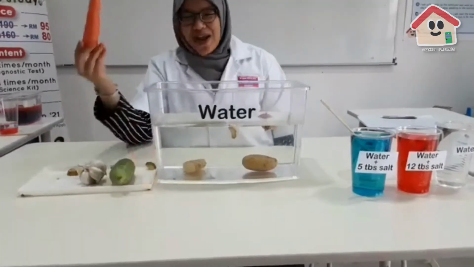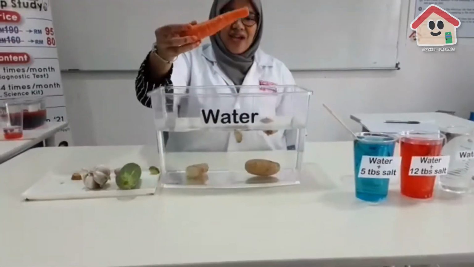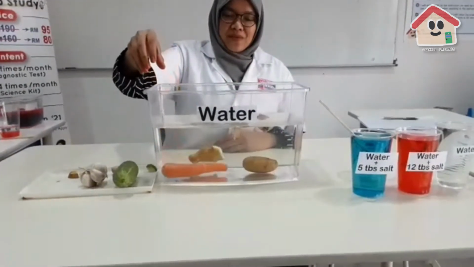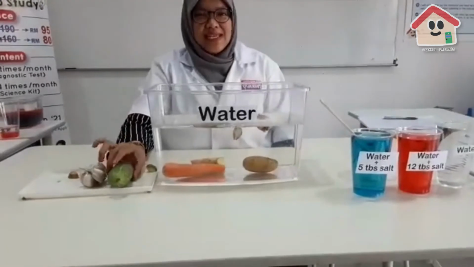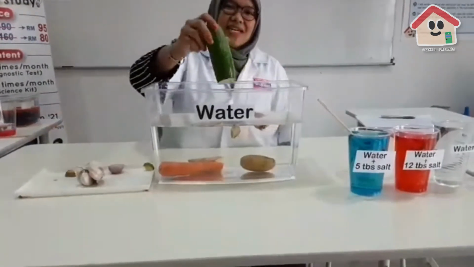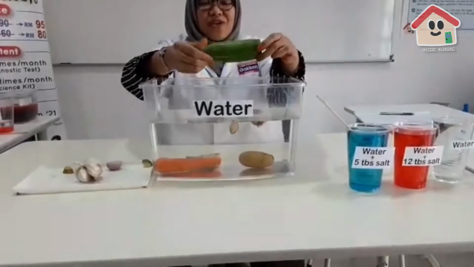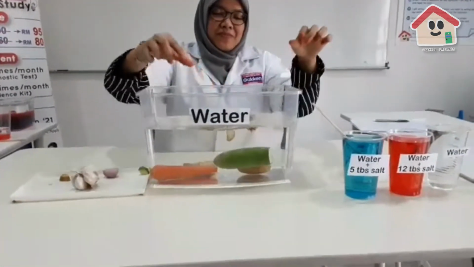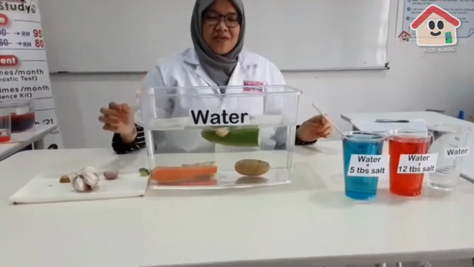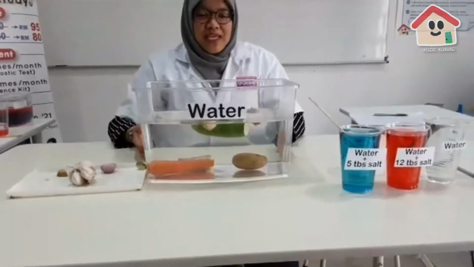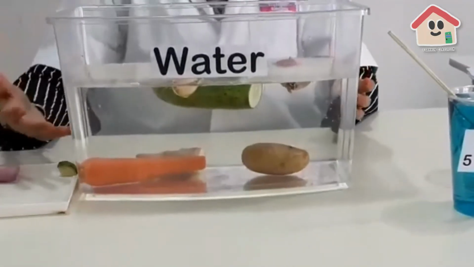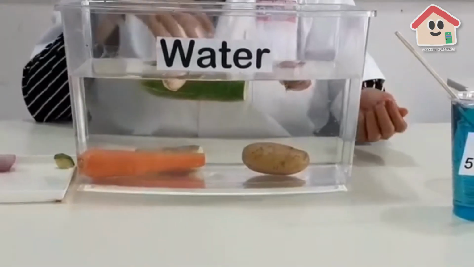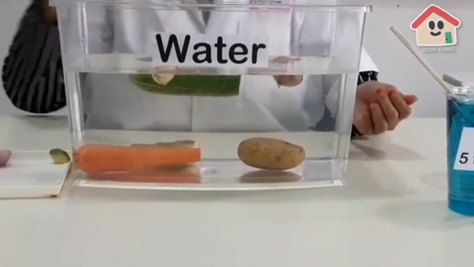How about carrot? I put a carrot. Wow, carrot also sinks. The last one is cucumber. The cucumber will float. So here you can see some vegetables sinking and some vegetables floating.